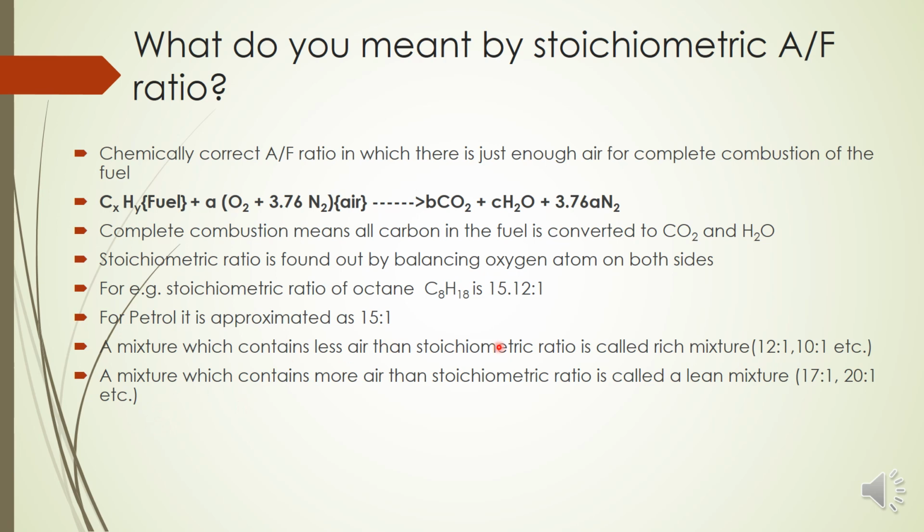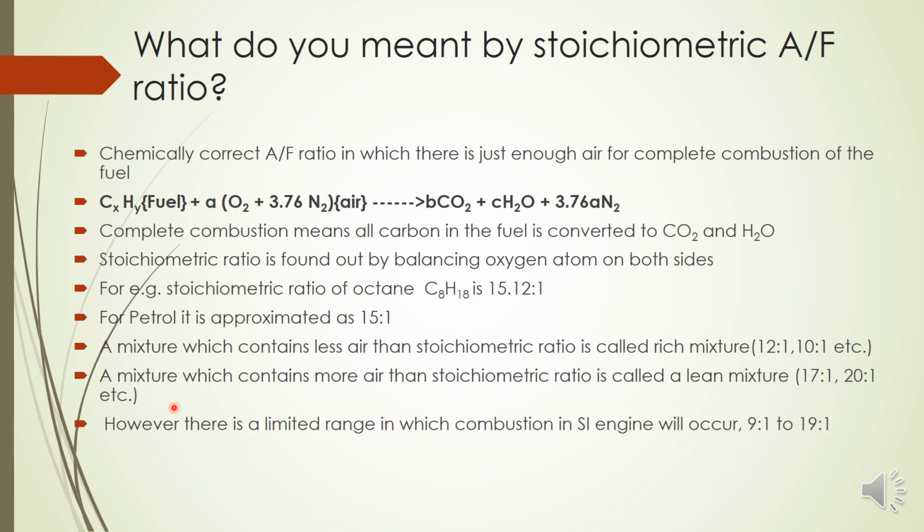And is there any range of rich mixture and lean mixture for petrol? Yes, we have. There is a range in which combustion in an SI engine will occur, and that is 9:1 to 19:1. So in normal operation of an IC engine, particularly a petrol engine, you have to keep this range. The air fuel ratio should be between 9:1 and 19:1. Why is it like that?